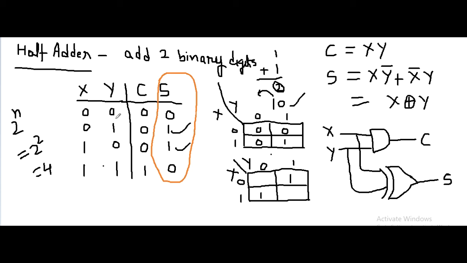We are adding two binary digits, so the inputs are x and y, and the outputs are C and S. C is for carry, S is for sum. In the second step, I drew the Karnaugh map for both C and sum S, and then we came up with the Boolean functions after simplifying the K map, and then we drew this logic circuit.